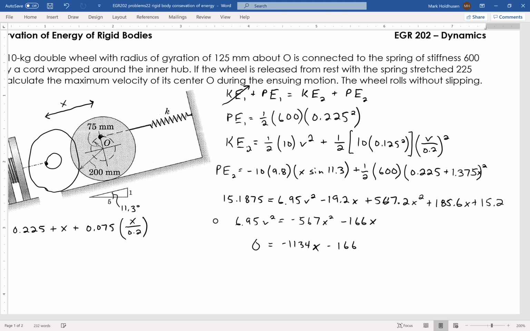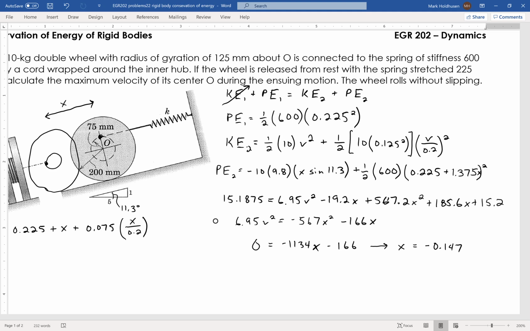Set that equal to 0. X then equals negative. So I was wrong, this wheel actually moves up, because I get a negative x. But again, this is the point at which it's maximum.